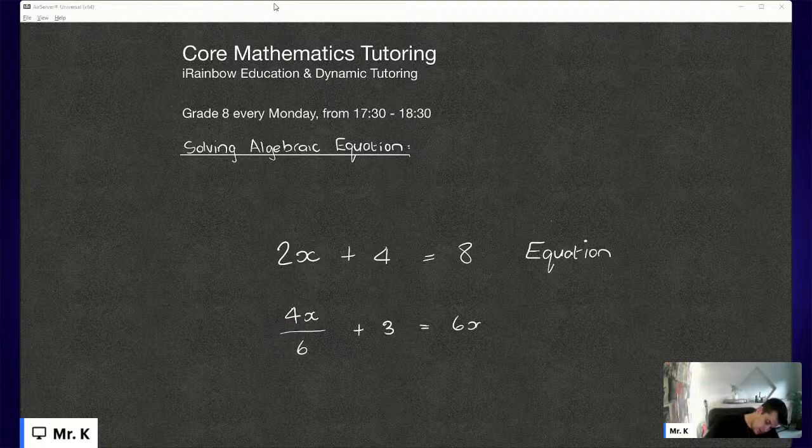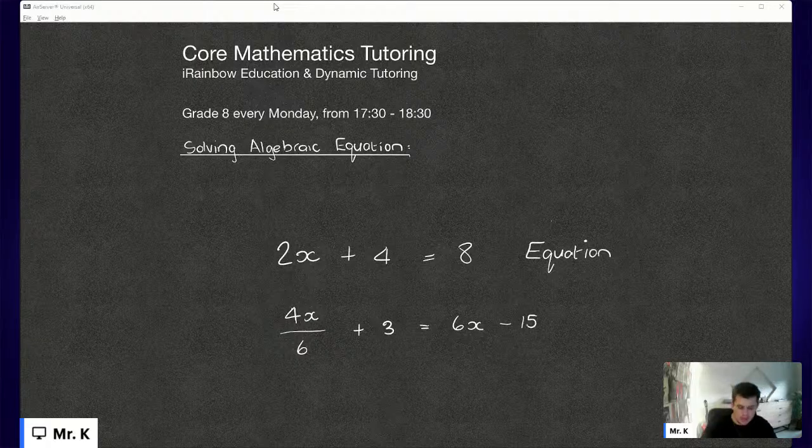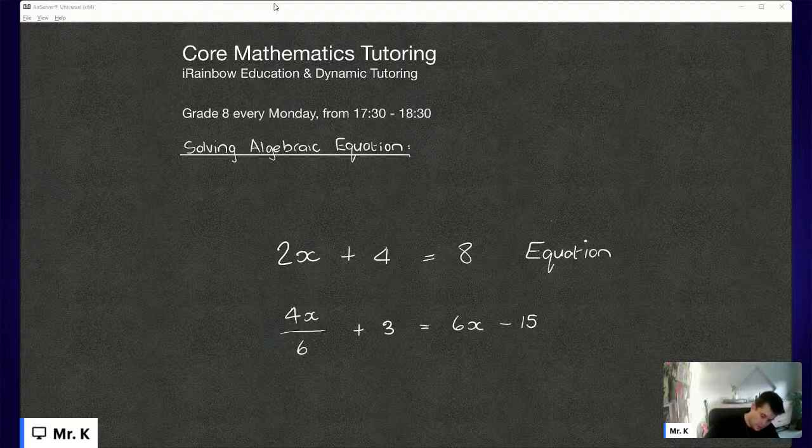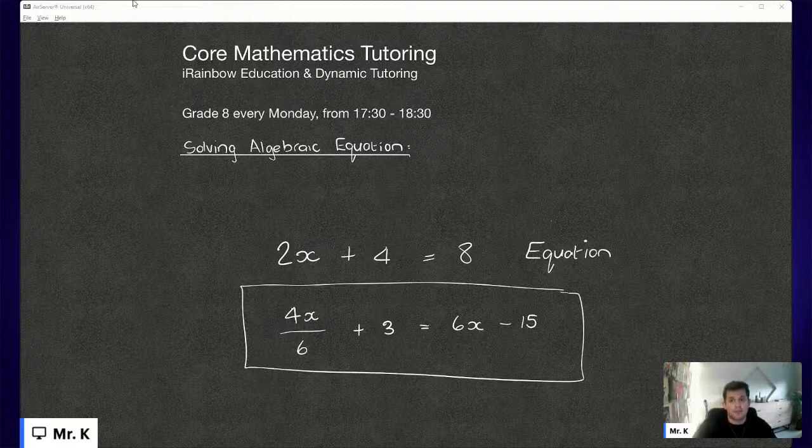I'm not saying that this is going to yield any great answer, but this is just an example of what you might need to solve when it comes to understanding your algebraic equations, right? If I'm asked to solve an equation like this, some of you might have a rough idea about how you would go about it. Some of you might be pretty confused and need a little bit of guidance. That's fine. That's what we're going to discuss today.